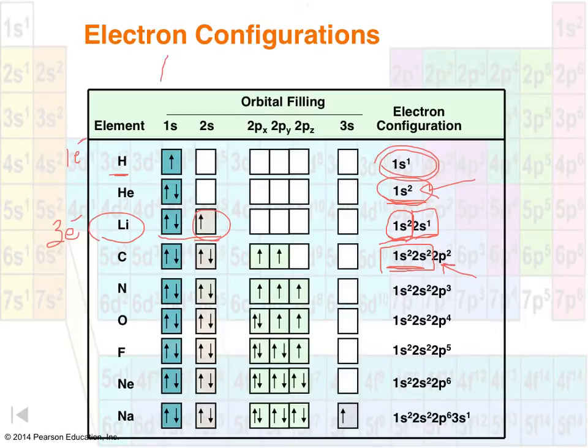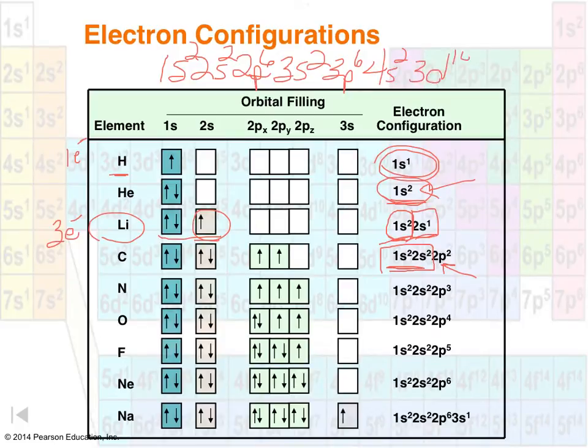Remember, hopefully you wrote out the ordering of orbitals: 1s2, 2s2, 2p6, 3s2, 3p6, 4s2, 3d10, 4p6, etc. Let's look at one of the harder ones.